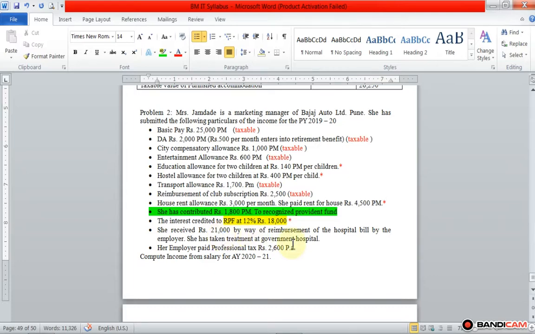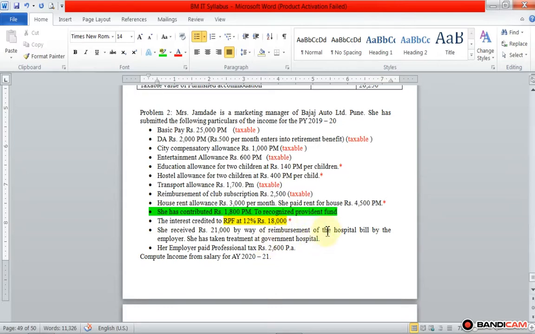So here, if the assessee gets treatment from a government hospital and the employer reimburses the medical bill, then the whole amount is exempted. All the amount of the medical bill is tax free because the assessee took treatment in a government hospital.